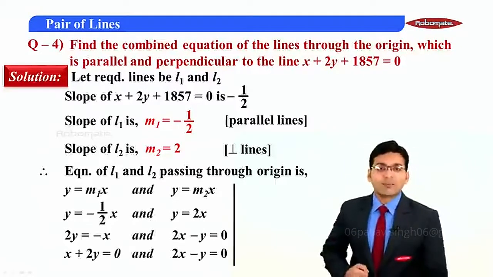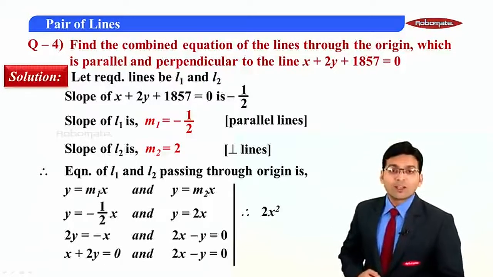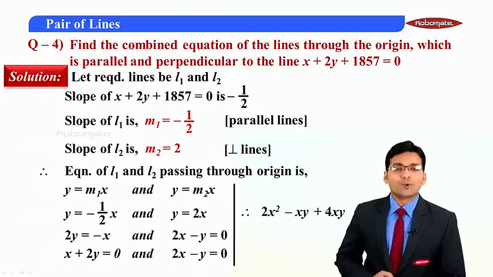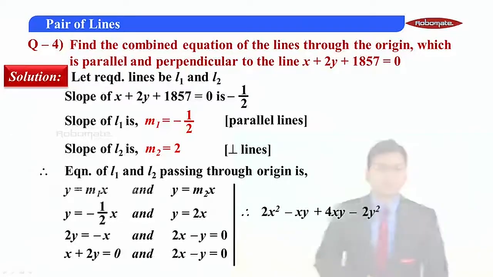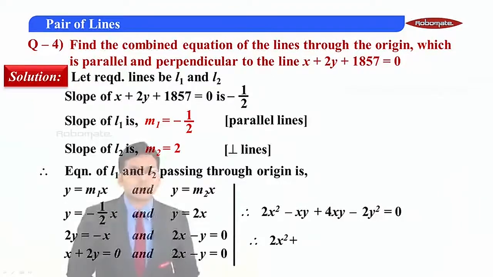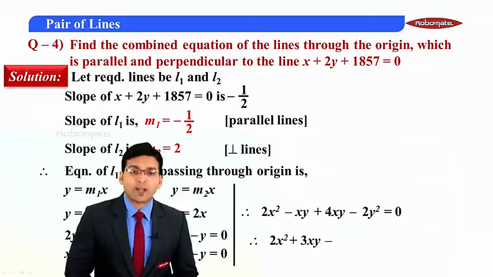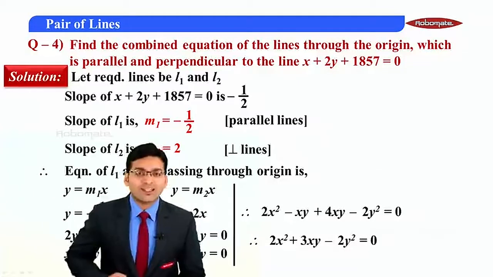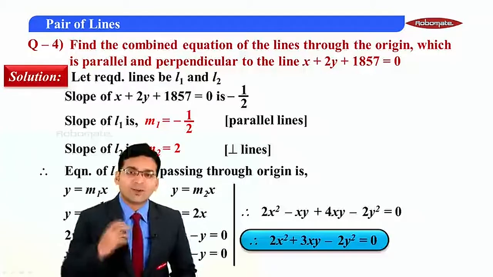The combined equation becomes therefore 2x square minus xy plus 4xy minus 2y square is equal to 0. And this on simplification becomes 2x square plus 3xy minus 2y square is equal to 0. So this equation is the combined equation of the required lines.